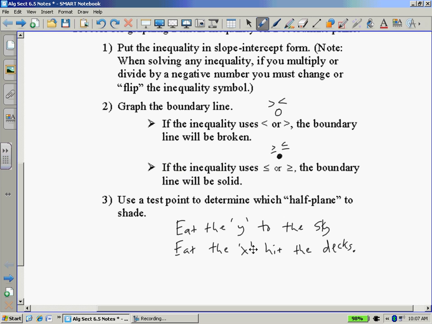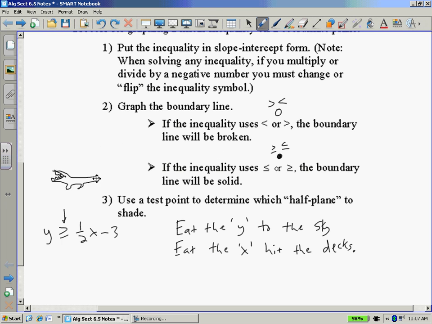And this is very, very simple. So if we have, for example, y is greater than or equal to 1/2 x minus 3, you see this little alligator, whatever you want to call it, is eating the y. So in this case, it's eating the y, so you shade to the sky.